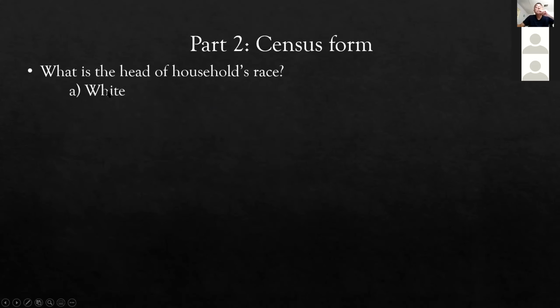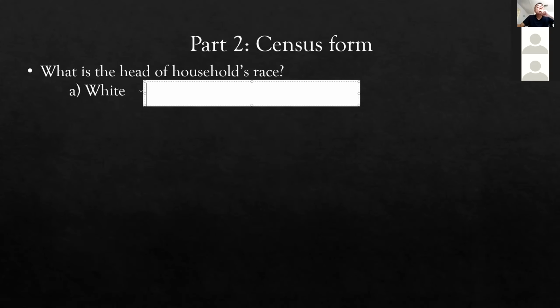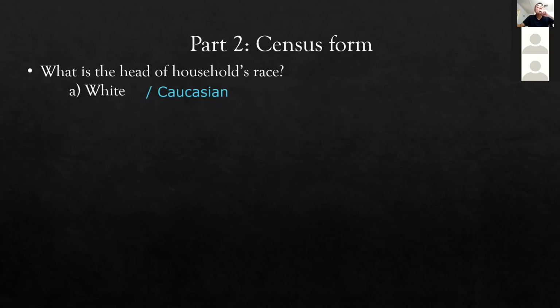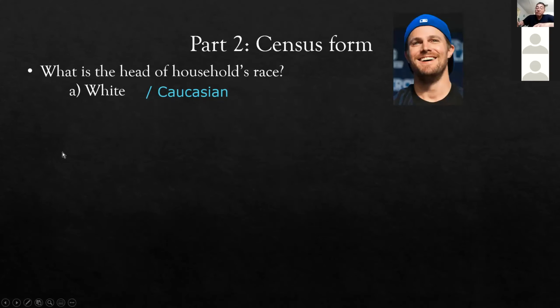So first one is you have white. Some people will also say Caucasian. You can say he is Caucasian, or you say just white is okay.